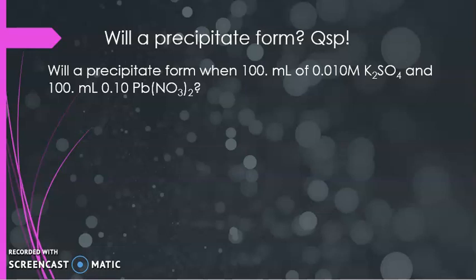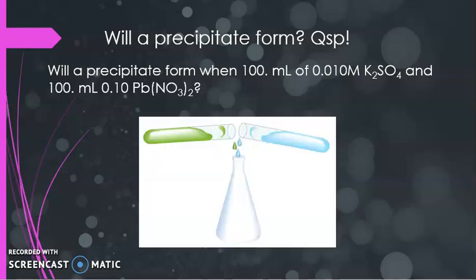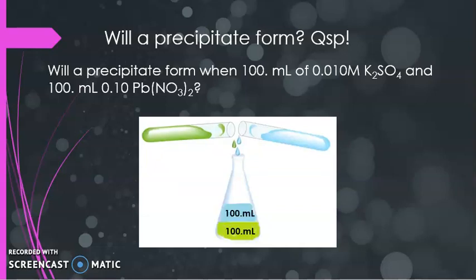Even though the 0.01 molar potassium sulfate goes in as 0.01 molar, it doesn't stay that way for long. I want to envision pouring two solutions into a container, each with a volume of 100 milliliters, but combined they spread out over a total volume of 200 milliliters, and that does affect their initial molarity.